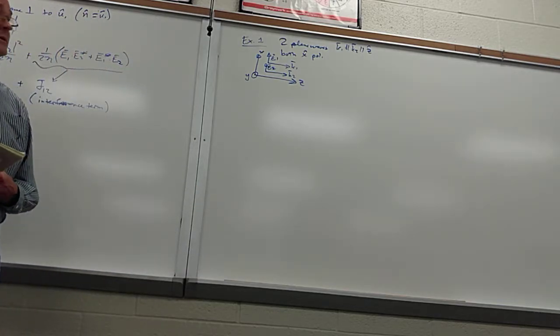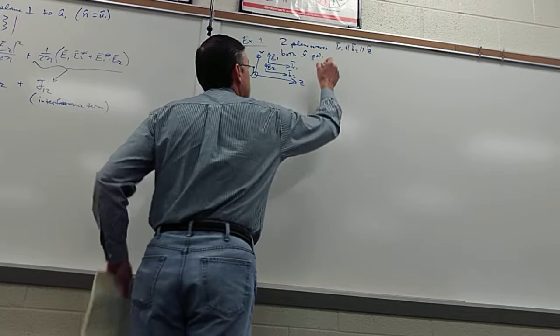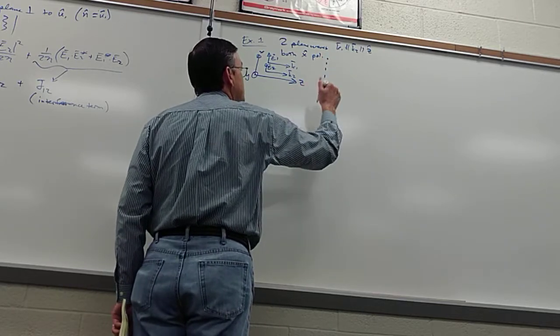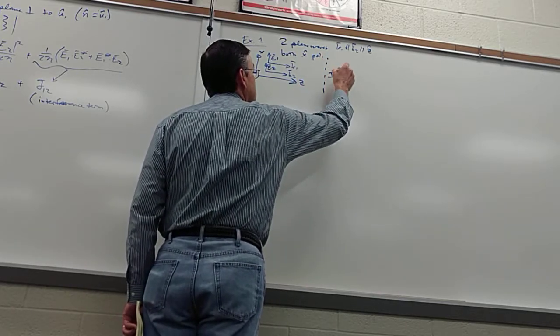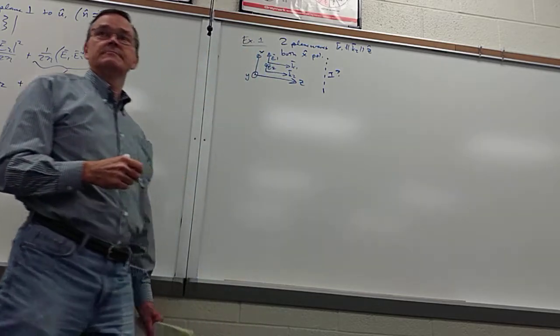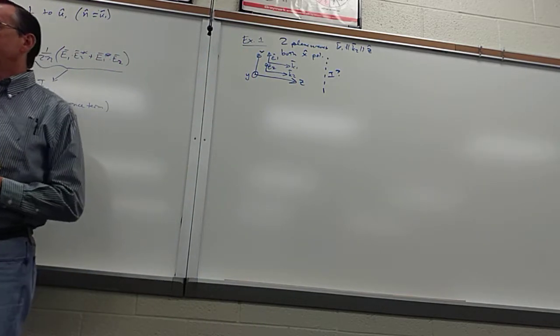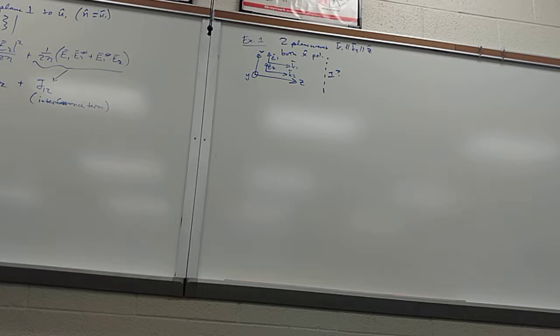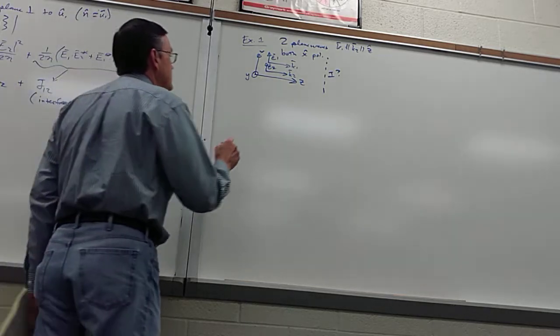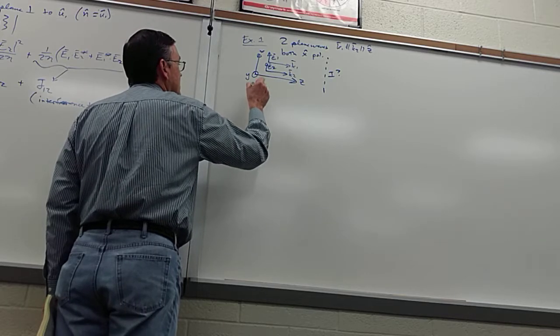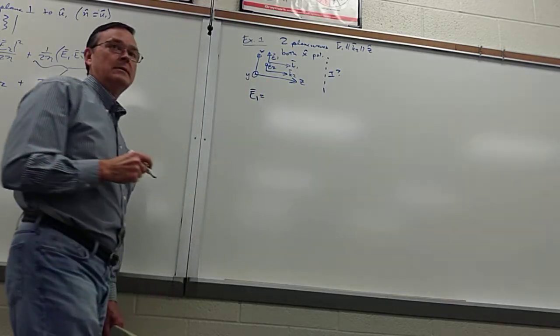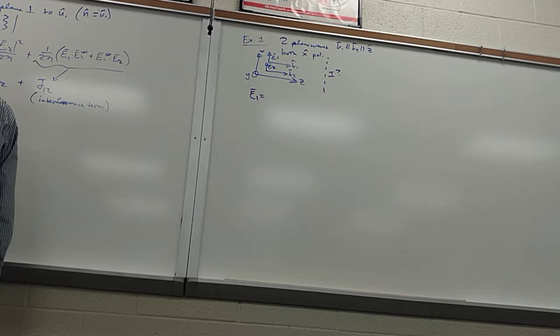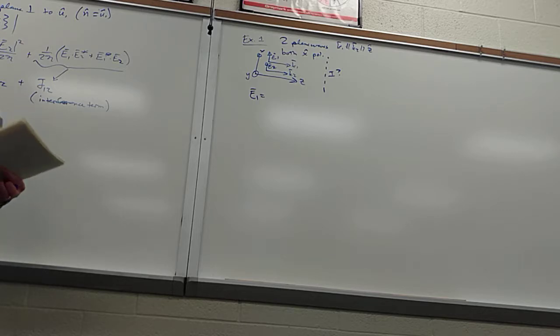And what I want to know is, in a plane perpendicular to z, what is the irradiance? So what's the first thing we do? Write our field. So tell me, what is E1? The magnitude times x hat e to the j omega t.